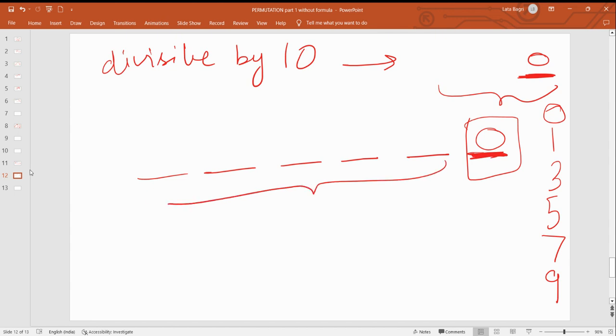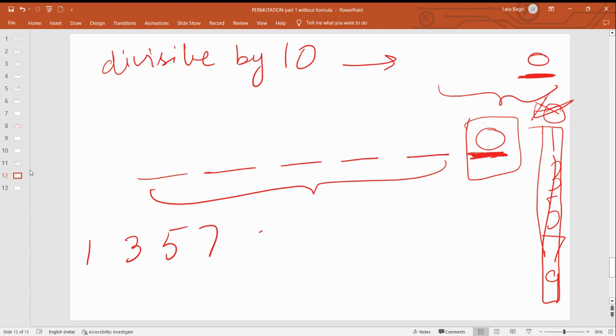Then what do I have? These five places. The 0 is already used, so I will not use 0 again. I have these digits: 1, 3, 5, 7, 9. I will make different arrangements of these digits over here to get six digit numbers, right?